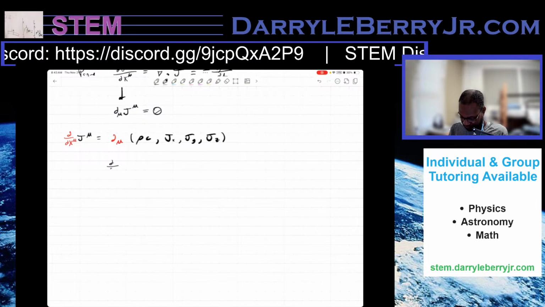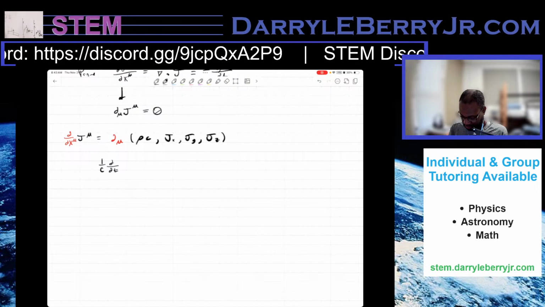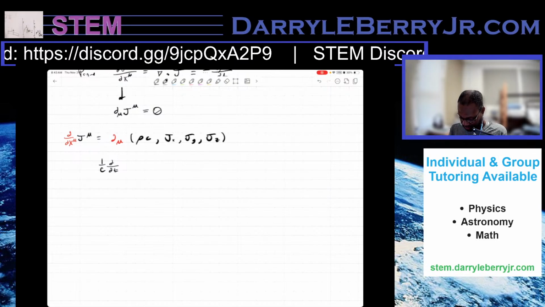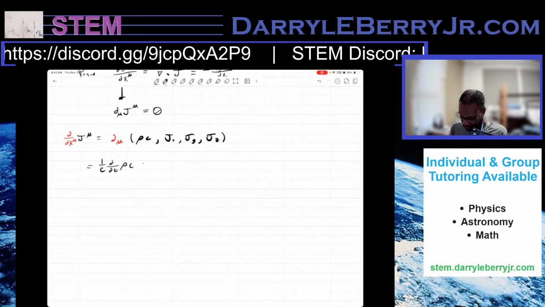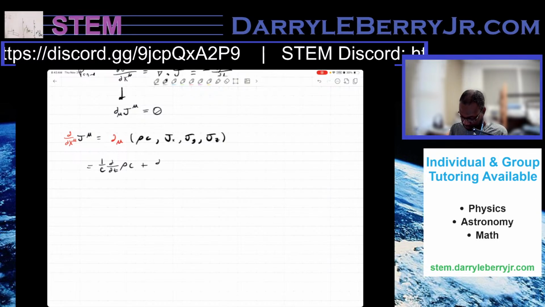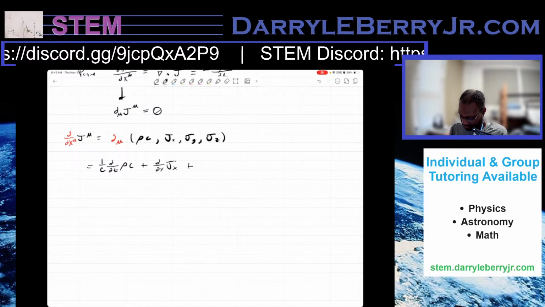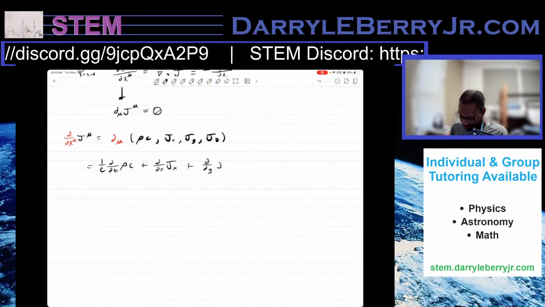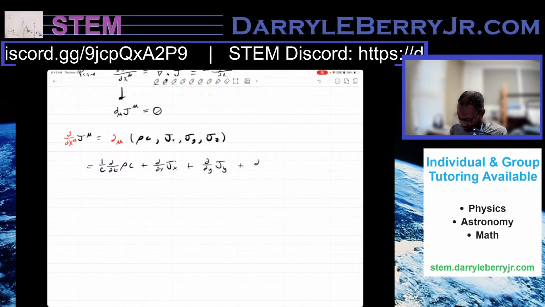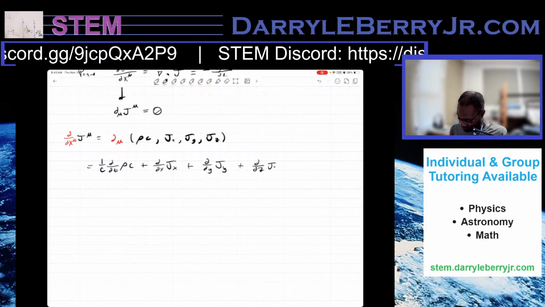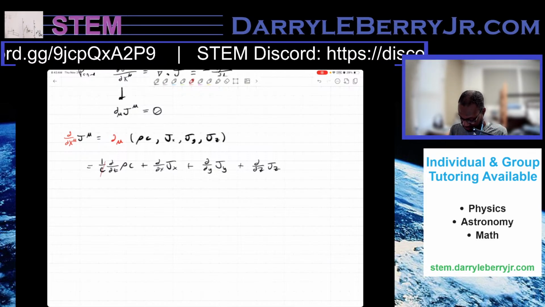The first term is the partial derivative over t, 1 over c, of the density times c, plus the partial derivative of x of jx plus partial derivative of y of jy plus partial derivative of z of jz. The c's here will cancel.